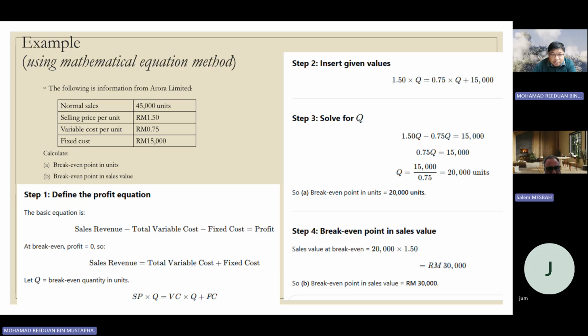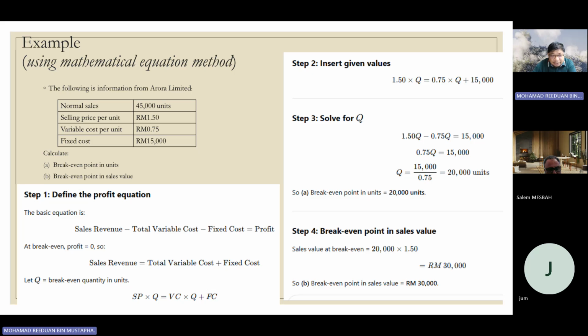Understood? So now we remove the profit. Then the equation becomes sales revenue equals total variable cost plus the fixed cost. So we change the equation, and then it's algebraic. Let Q be the break-even quantity in units. Using X is a bit confusing because we multiply by M and by X, so let Q be the break-even quantity.